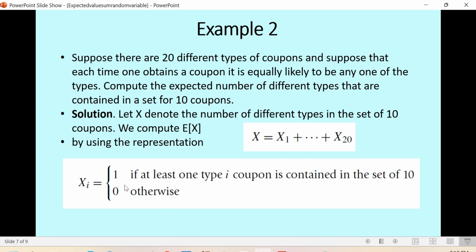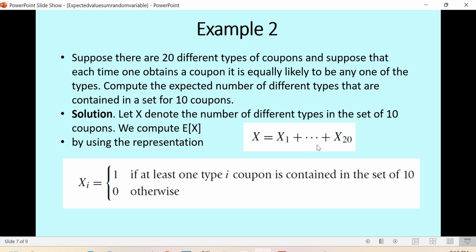If at least one coupon of this type is contained in the set of 10 coupons, then we say this Xi is 1. So in the last example, we have coupon 1 five times, coupon 2 three times, coupon 3 two times. So here X1, X2, X3 are 1, but X4 to X20 are 0, right?